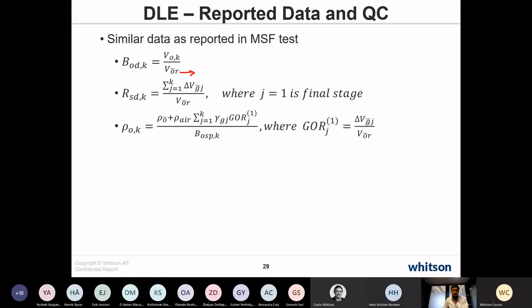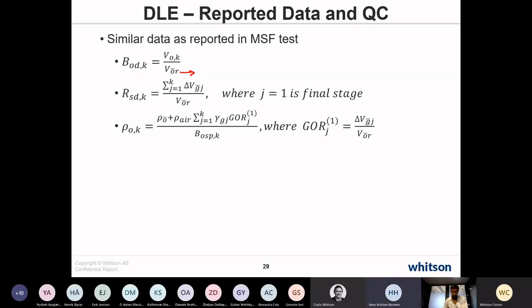And again, the densities are calculated from the material balance. You can calculate from the material balance, or as Hans mentioned, you can also measure those densities, and that's what labs are supposed to do if they can. The densities to be measured in the lab.